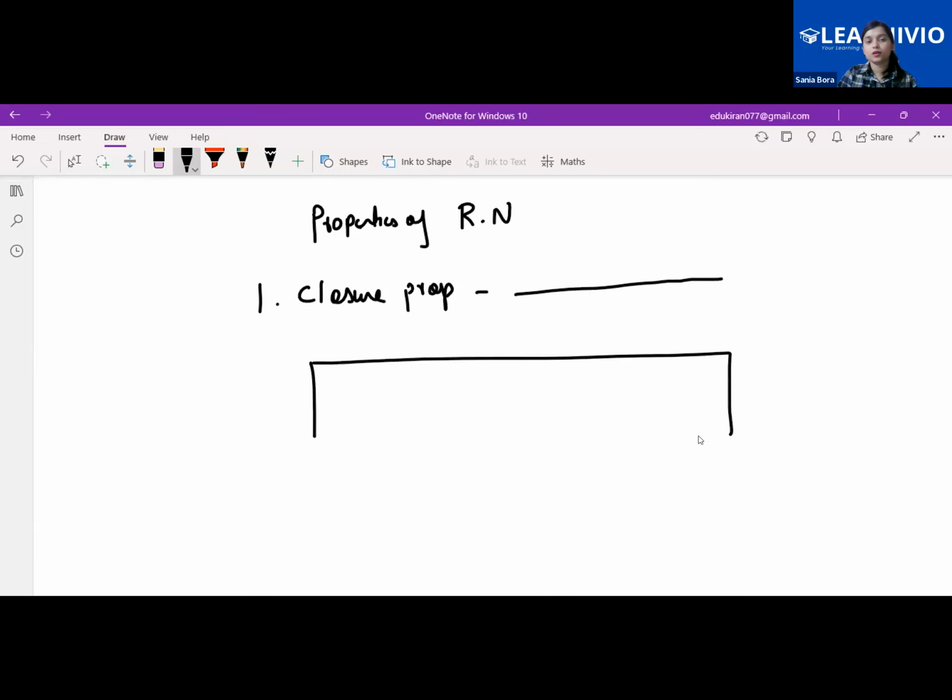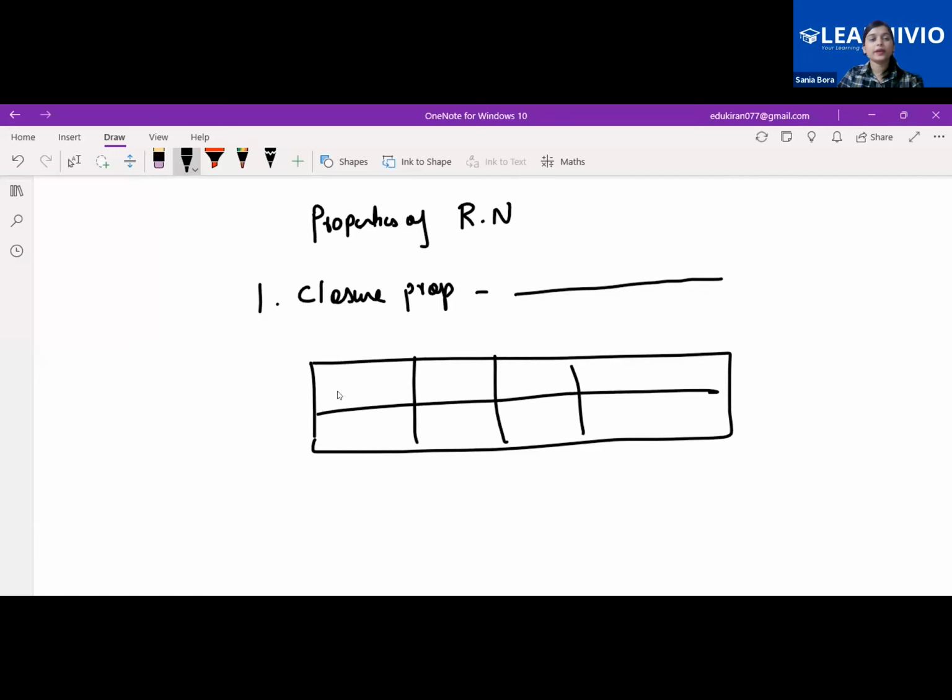Then you will draw a table. The table looks like this. Here is the operation. Who will tell me what operation means? Operation means addition, subtraction, multiplication, division.